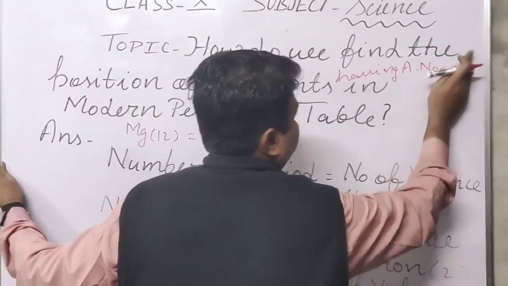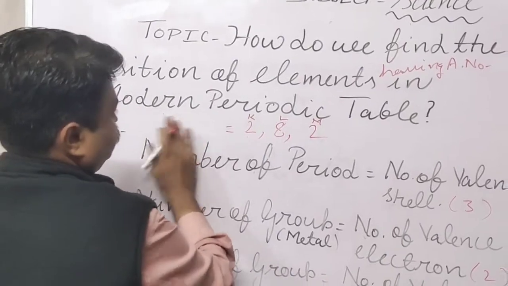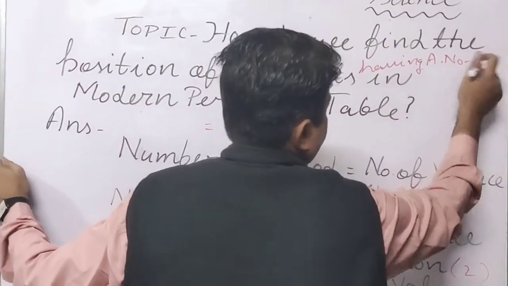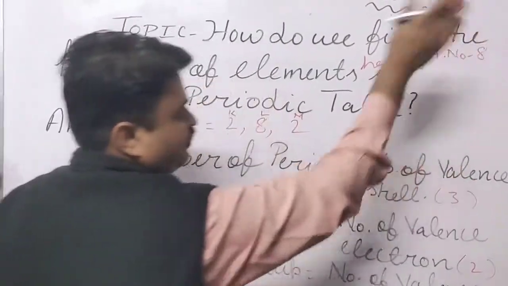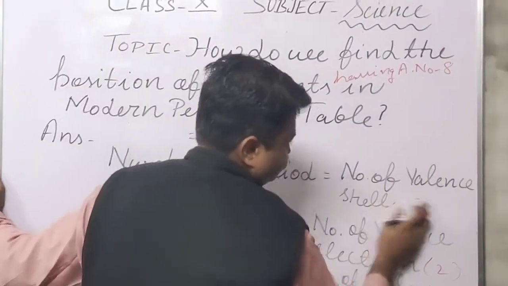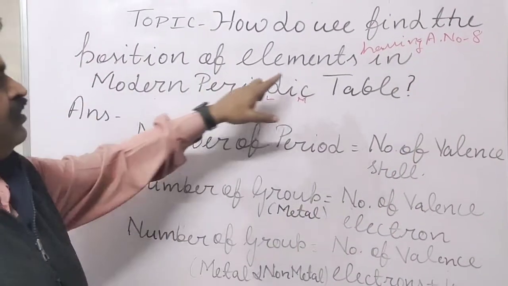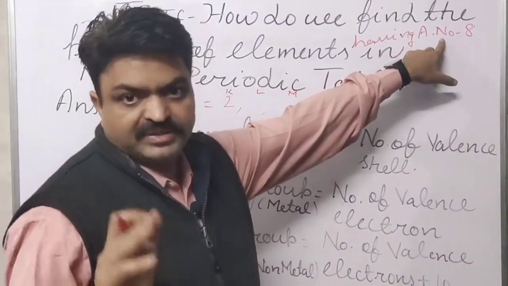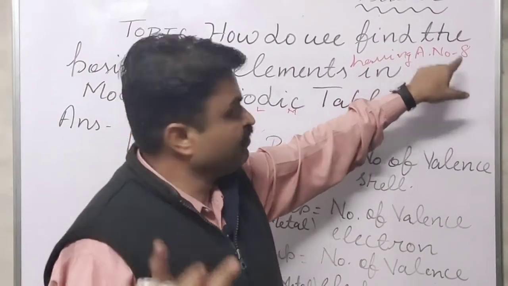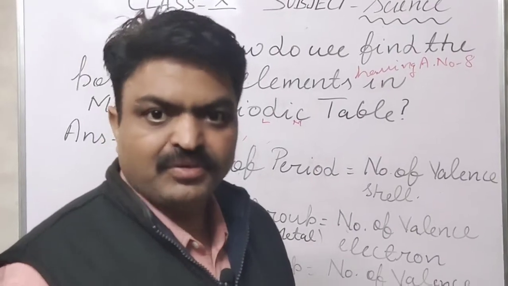Now we take another element. There is one element with atomic number 8. Atomic number 8, student. Now you tell me which element has atomic number 8? It is oxygen.